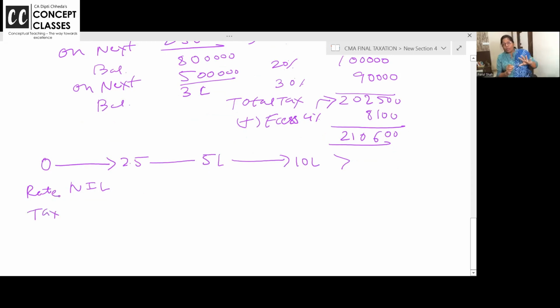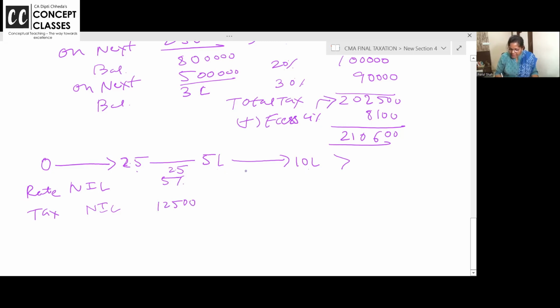I'm writing in two ways purposely to get it fitted in your mind. Once it is fitted, you will save time in exam. 0 to 2,50,000, the tax rate is nil, and so the tax is also nil. 2.5 to 5 lakh. On the next 2.5 lakh, it is 5%, that comes to 12,500.